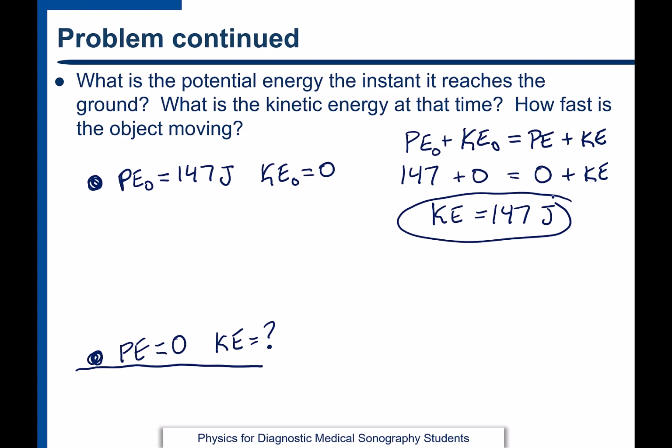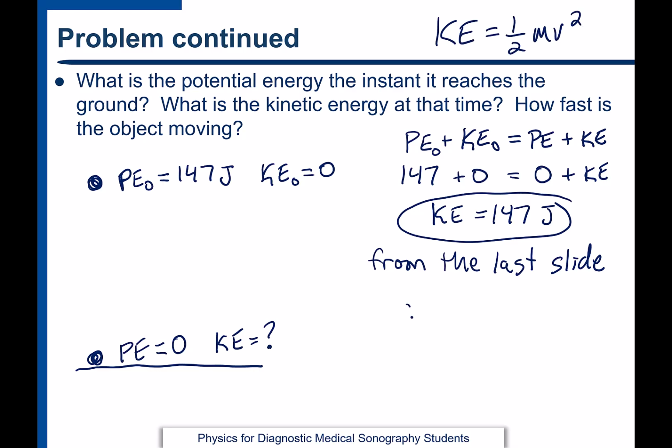Let's figure out how fast it's going. We'll cheat a little bit here. We'll just say from the last slide, we had figured out that starting at KE equals 1/2 mv squared, we could use algebra to show that v is the square root of 2KE over m. By the way, this is a strategy on an exam.